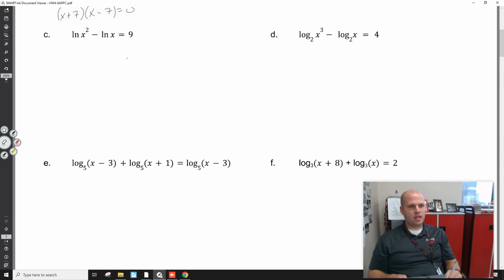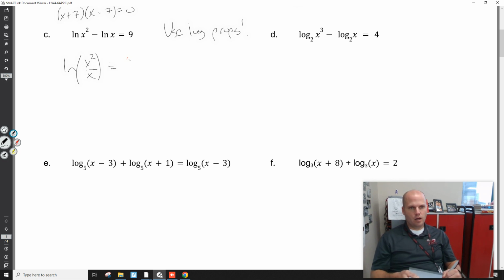What we have to understand is that to get rid of a log, we just need one log. We can't get rid of multiple logs separated by addition. We are going to use log properties. Remember, log of x squared minus log of x: when you're subtracting, it's the same as dividing the values that you're taking the log of.